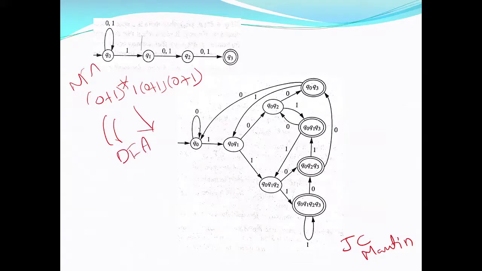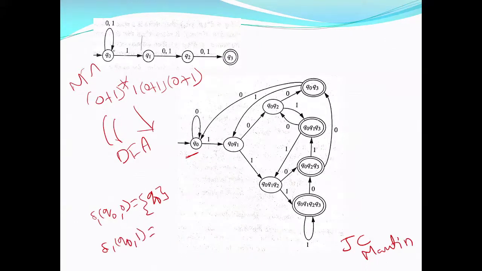How are they calculated? You can just go for this. For example, suppose on Q0, if I want to see what is Q0 in the DFA, delta 1 of Q0 on 0, what do you get? In your NFA, Q0 on 0 is Q0. So delta 1 of Q0 on 0 is Q0. Then what is delta 1 of Q0 on 1?